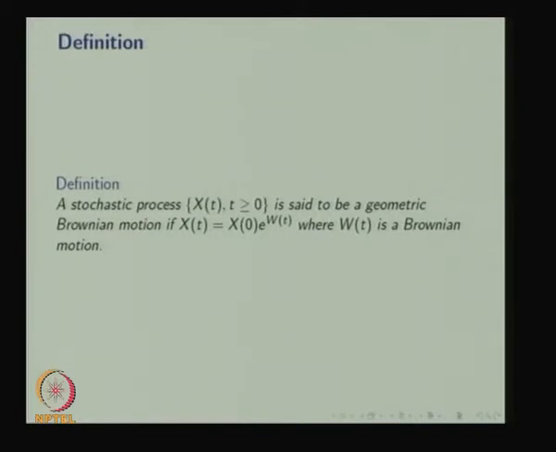Therefore, you can use this as a model for the stock price at any time t, and like that you can go for modeling the pricing of any security or derivative at time t. So X t can be directly used in the application of finance.